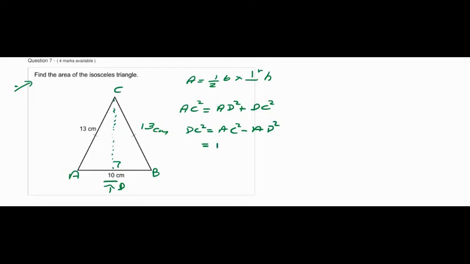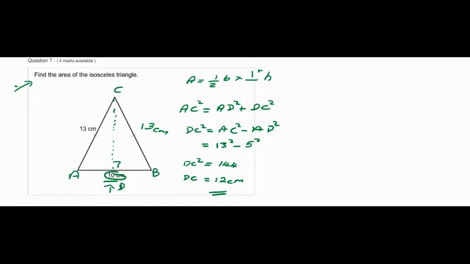AC is 13 centimetres, so 13 squared, minus AD is 5 centimetres, because that's just a half of that 10 there, so it's 5 centimetres. So 13 squared minus 5 squared is 144. Put that into the calculator. So DC squared is 144. So DC is the square root of 144, which is 12 centimetres.